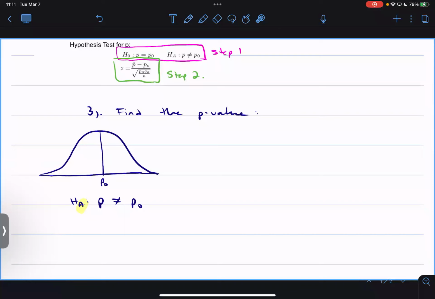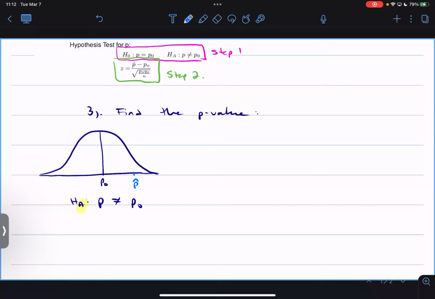Your p hat, so your sample proportion, is only going to happen in one of these tails, right? So on one side. But we say, well, it could have just as well happened on the other side. So if, for example, p hat was up here, then we say, what if I just replicate it and make it happen on the other end as well?